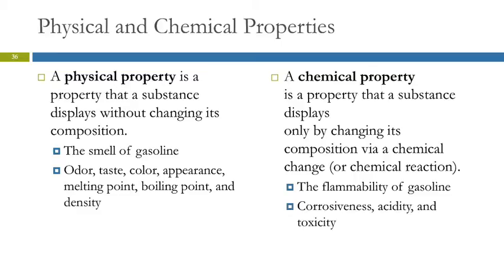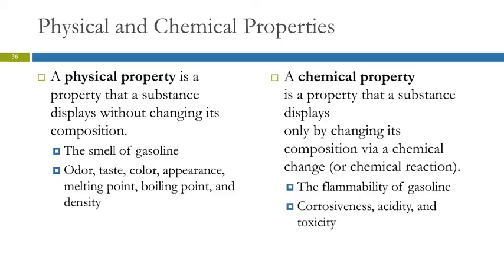A chemical property is one that the substance displays only by changing its composition. A chemical property is essentially a description of a chemical reaction. So gasoline is flammable. That's why we put gasoline in our engines, because we want it to combust inside the engine. We want it to burn.